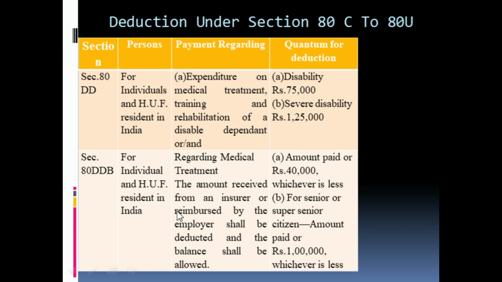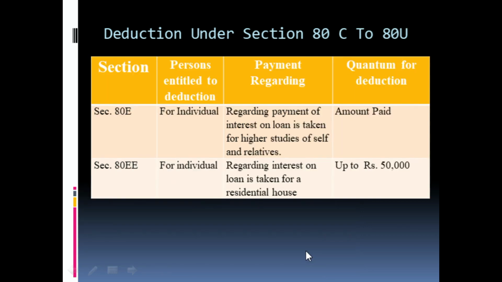It is applicable for individual and HUF resident in India regarding medical treatment. Here the amount received from an insurer or reimbursed by the employer shall be deducted and the balance shall be allowed. The amount paid or rupees 40,000, whichever is less, can be taken as the quantum of deduction. In case of senior and super senior citizens, the amount paid or rupees 1 lakh, whichever is less, is taken as the eligible deduction amount.